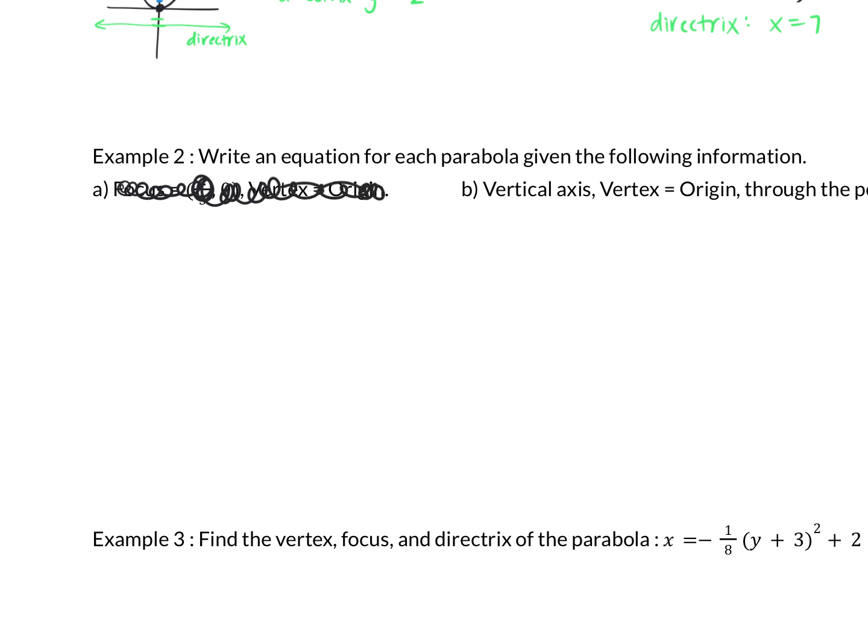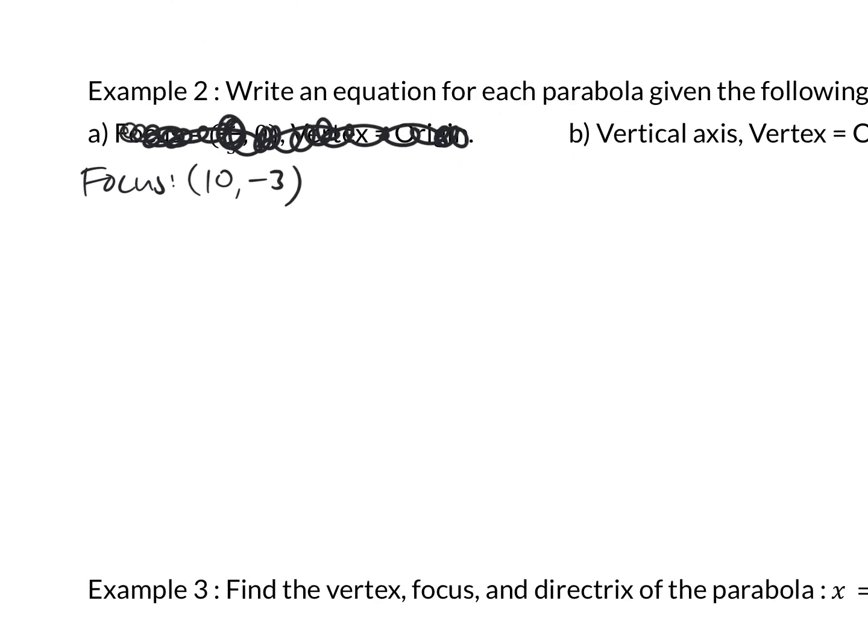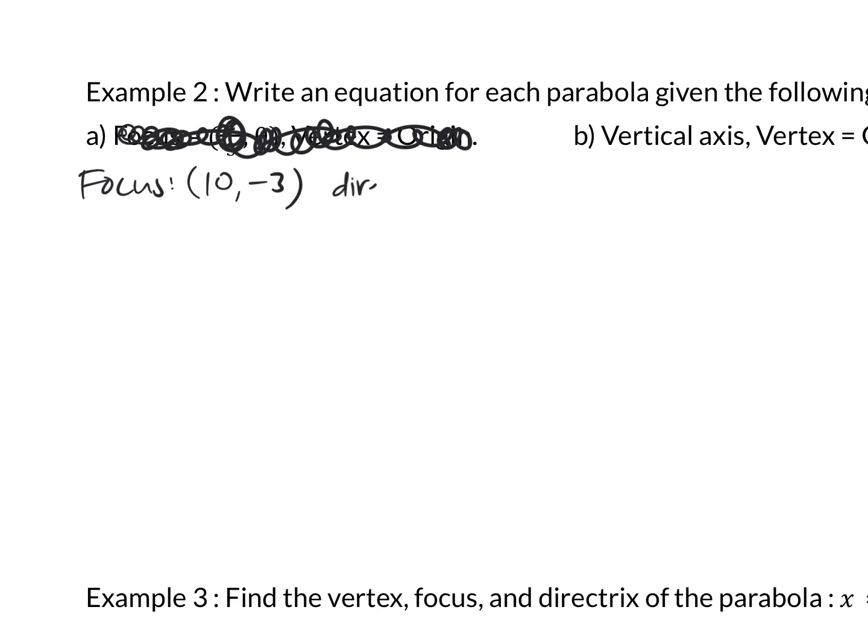So the problem is, your focus is at the point (10, -3), and the directrix is at x equals -6. And we need to write an equation for that parabola.